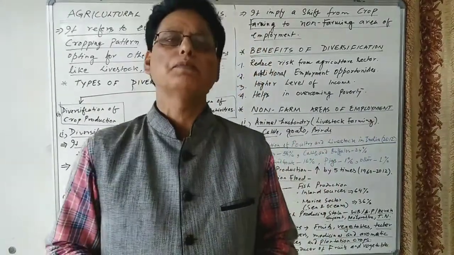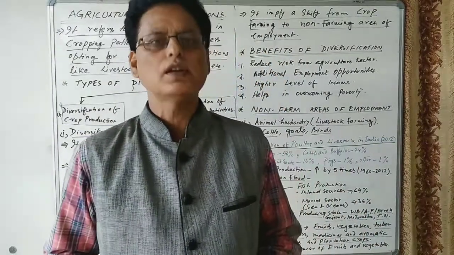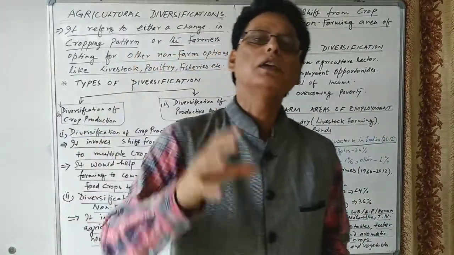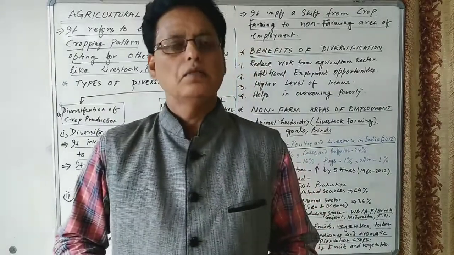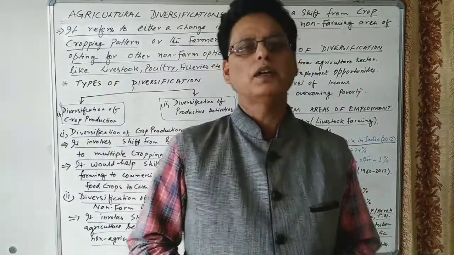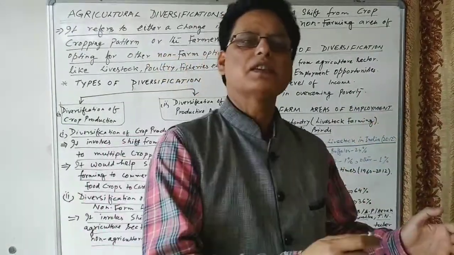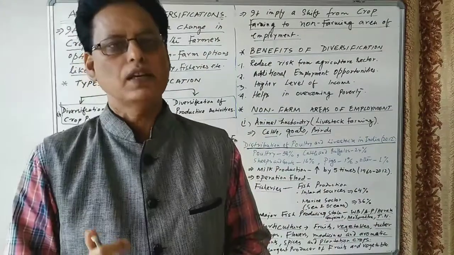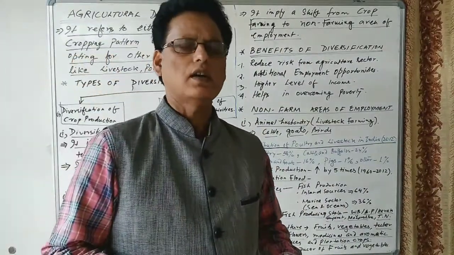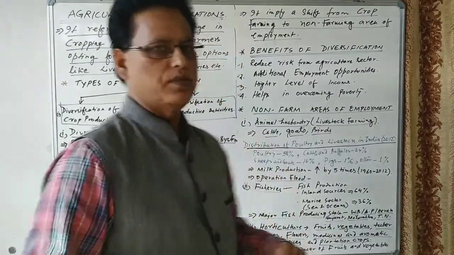They seem to be working, but if they are taken out of the work, there would not be any effect on the total production. So these additional people must be taken out from the farming sector to the non-farming sector. Let us see the meaning of agricultural diversification.